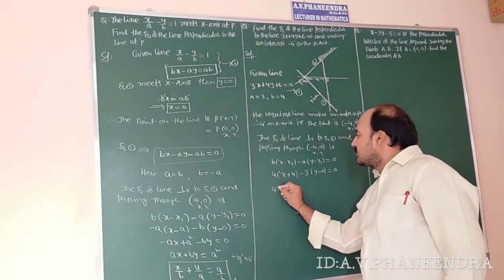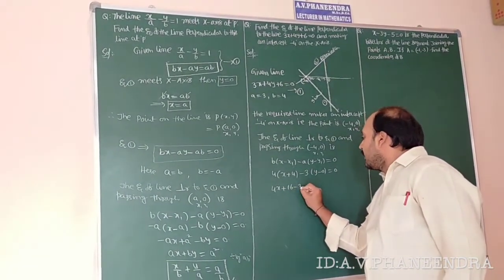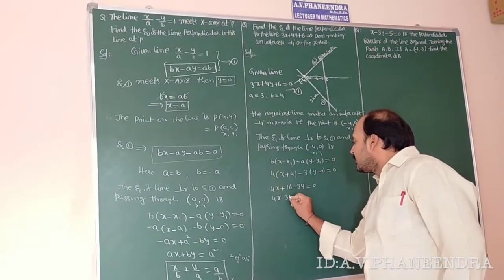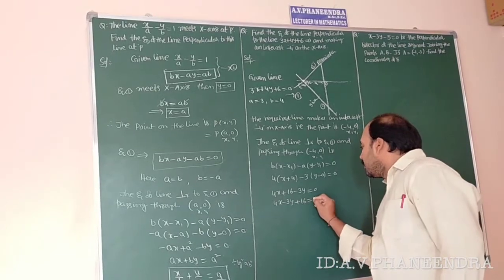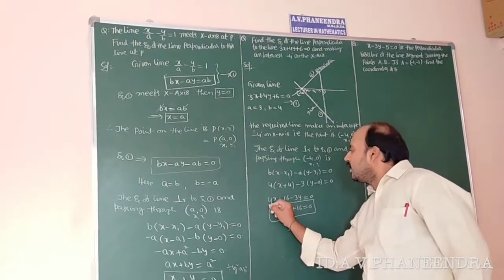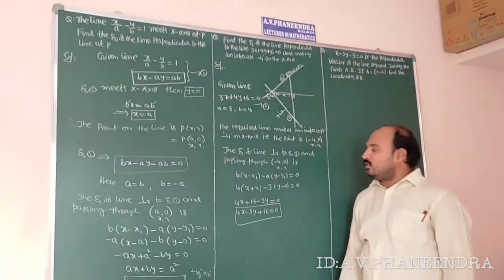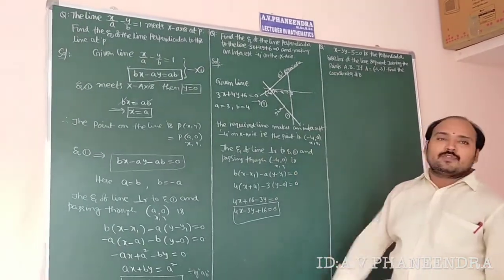So 4x + 16 - 3y = 0, that is 4x - 3y + 16 = 0. This is the required line, making x-intercept -4 and passing through (-4, 0).